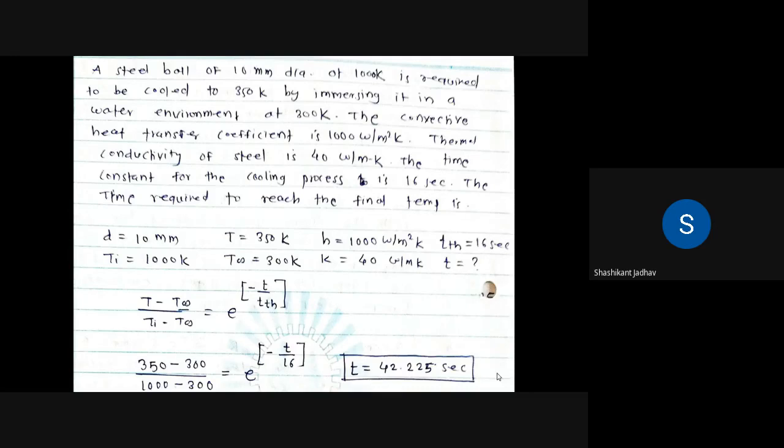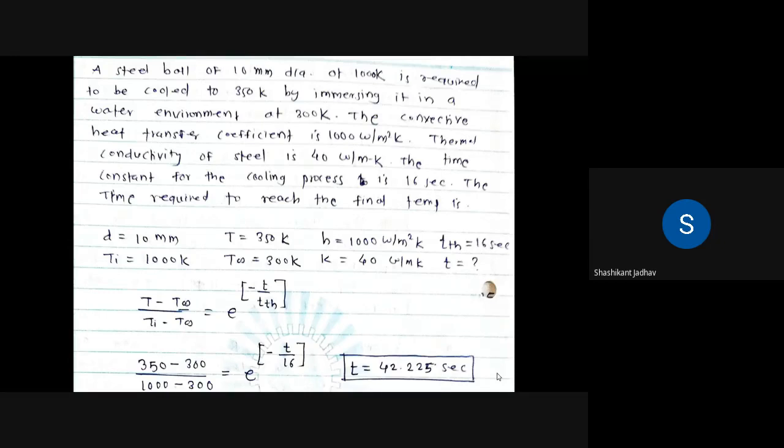We have to understand how to do the calculation, because there is an exponential term. We have to take the log on both sides, because on the right hand side there is e raised to something, and that unknown quantity has to be found. First calculate 350 minus 300 divided by 1000 minus 300.